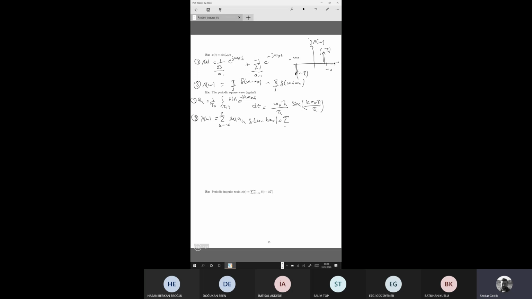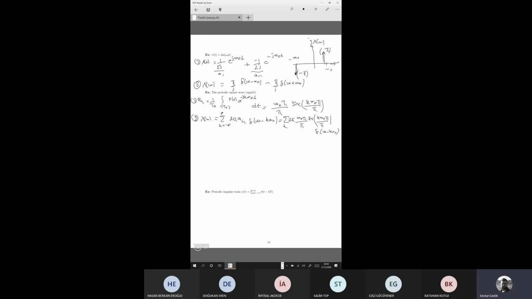This is equal to summation k 2 pi omega 0 t1 over pi sinc k omega 0 t1 over pi times impulse omega minus k omega 0. So this is my x of omega.